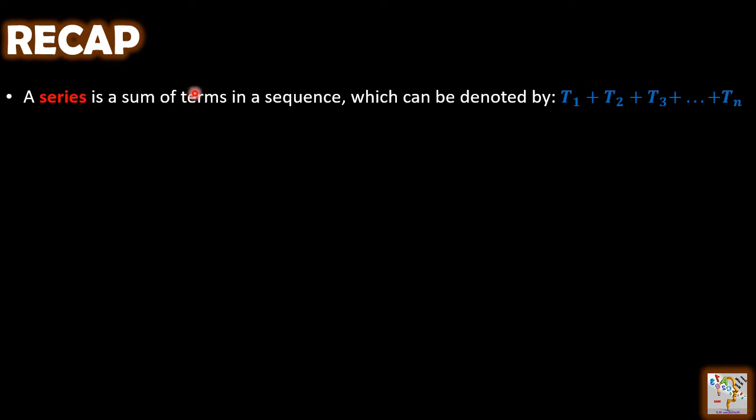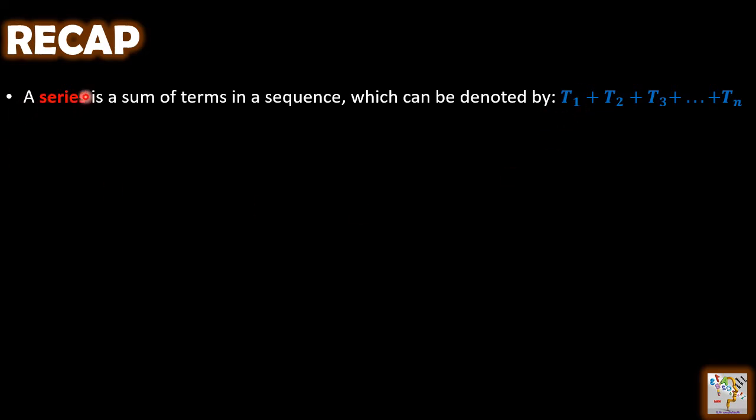A series is a sum of terms in a sequence. When you were in grade 11, you only talked about a sequence, given by consecutive or successive terms separated by semicolons. Immediately when you start to separate the terms with an addition sign, the sequence changes and it becomes a series.